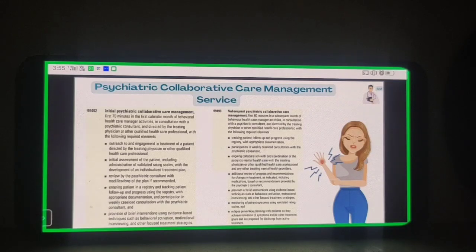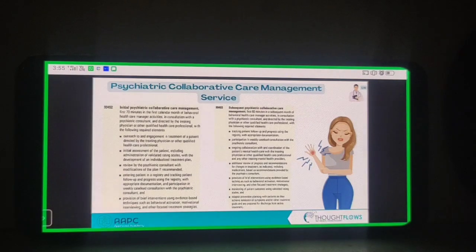If this is a first visit with the doctors, go for initial service. From the second visit, you go for subsequent. Initial means this is the first time service with the patient. Subsequent means from the second visit we should consider as subsequent.